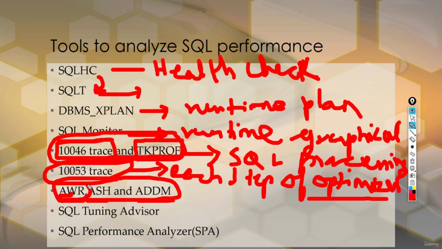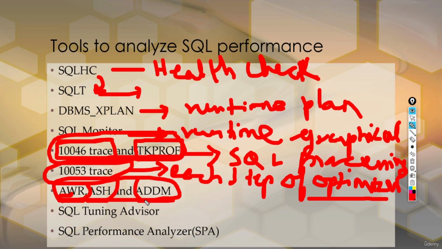But we also have AWRSQRPT, which gives you individual SQL wait-related information and other information related to the SQL, but that does not give you the execution plan information of a SQL. Okay, and also ASH and ADDM.